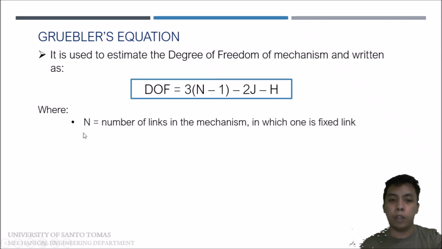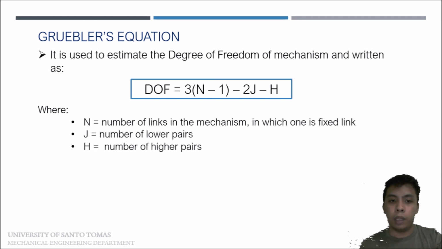Lagi yan. If you are given a mechanism, the one link is always the fixed link. Next, we have the j. J is the number of lower pairs. H is the number of higher pairs.